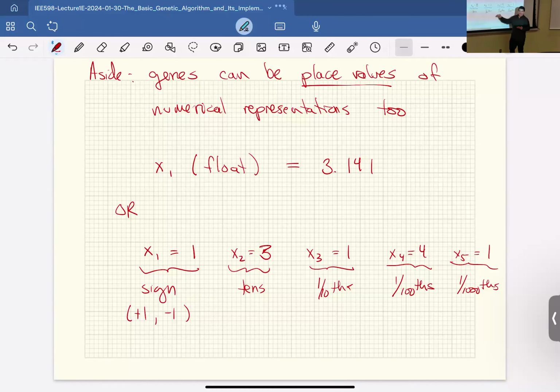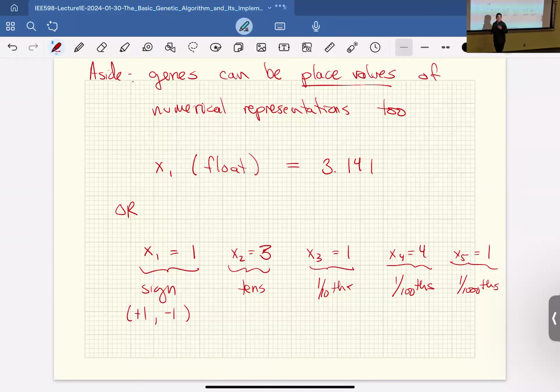If you did this, it actually allows for crossing over in the middle of your decision variables. You could swap the most significant part of your decision variable with the least significant part of another decision variable. And this can be binary as well. A lot of times you see depictions of the GA where people depict genes as bits, zeros and ones, and then show crossover in between the bits.